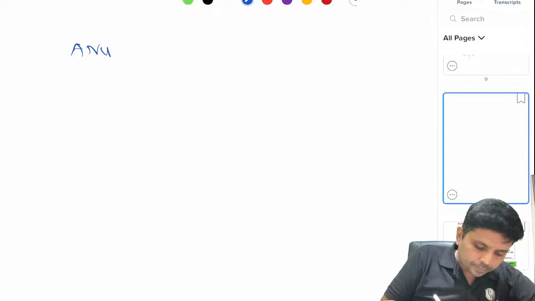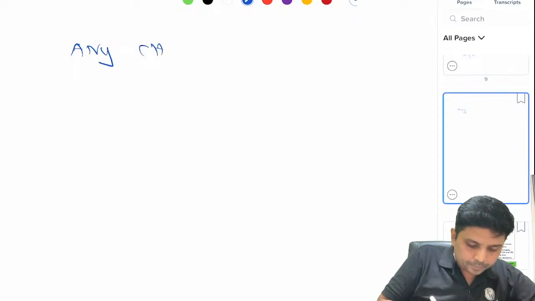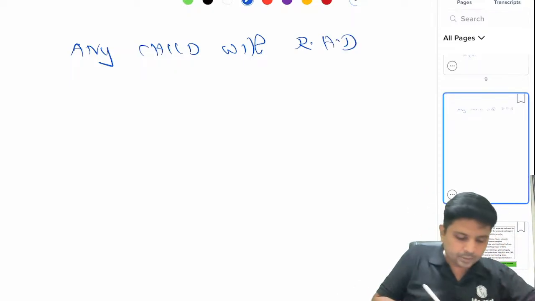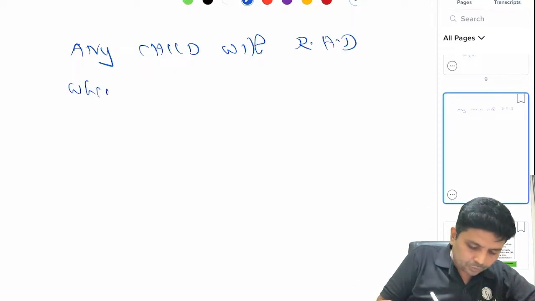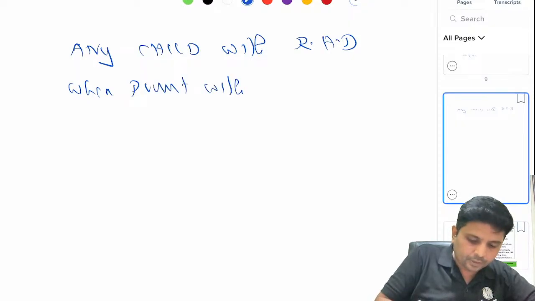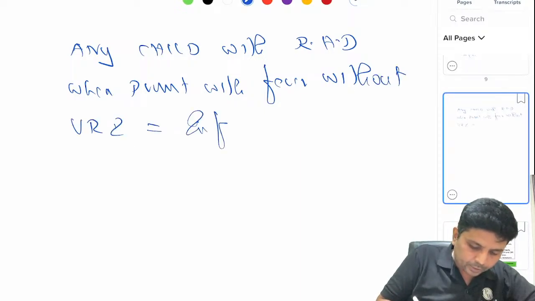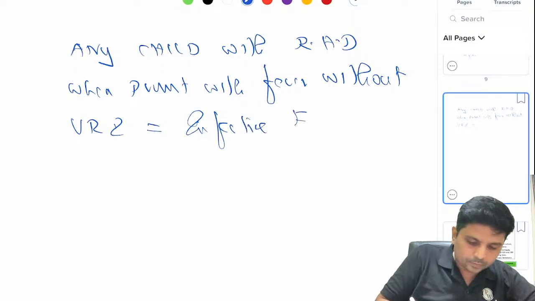Any child with established rheumatic heart disease, when presenting with fever without URI, is infective endocarditis.